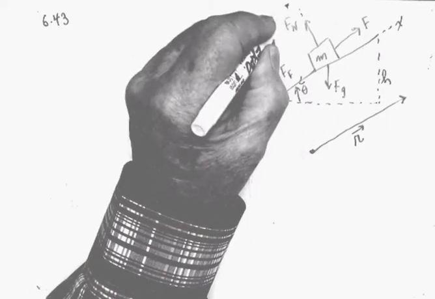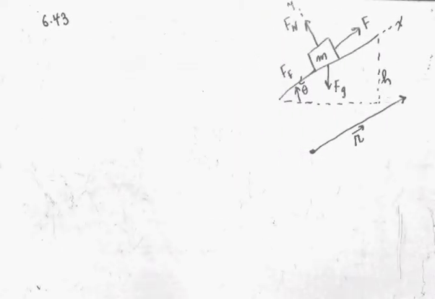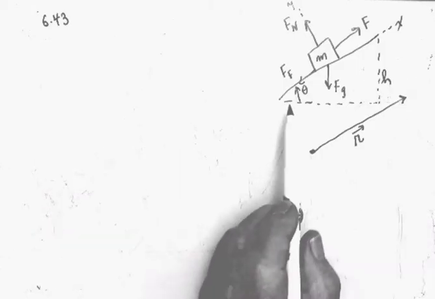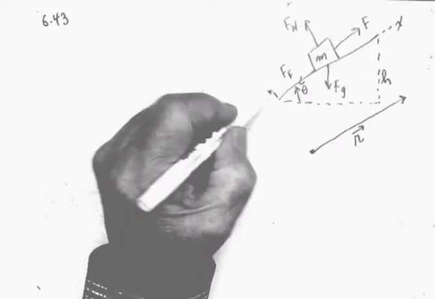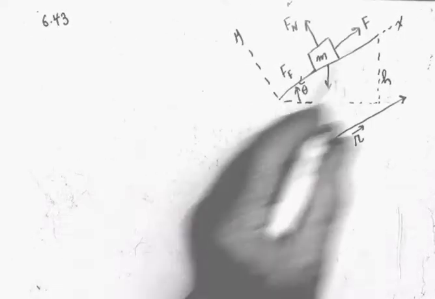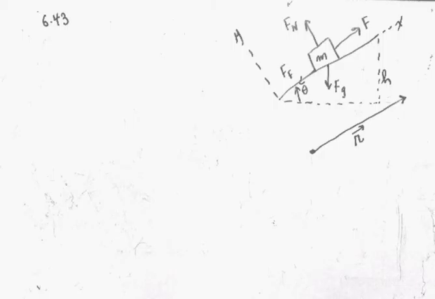Now, I'm going to set this equal to the x-axis and this to the y-axis so I can draw a free body diagram. That's the orientation of the axis. I probably ought to put y here so it's clear that this thing will go a distance x up the incline.